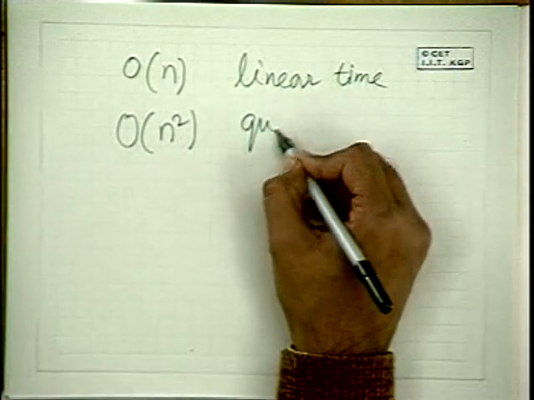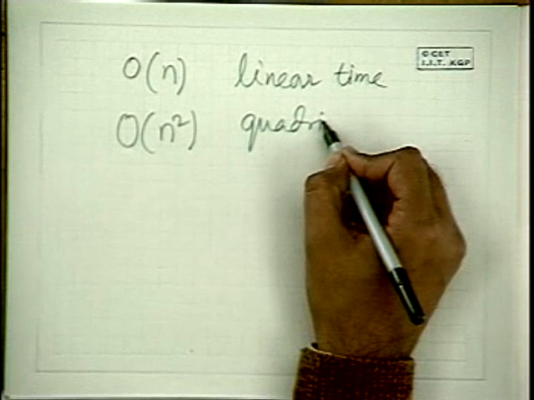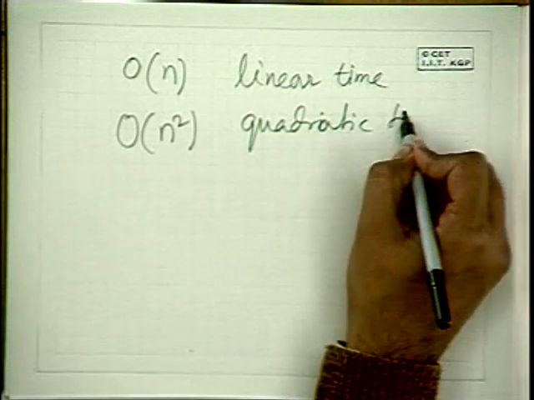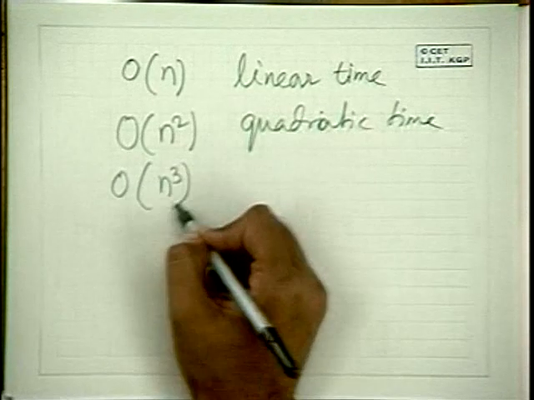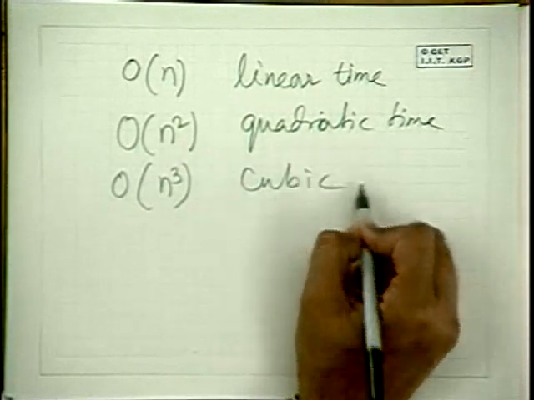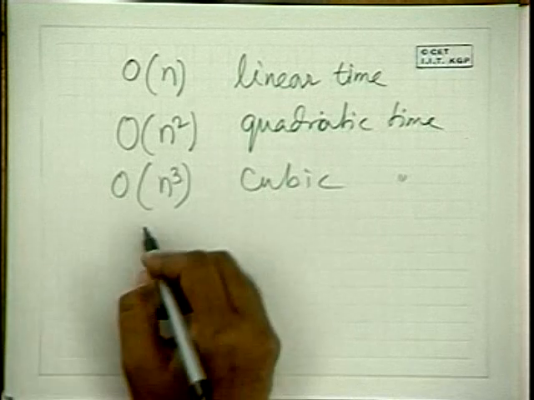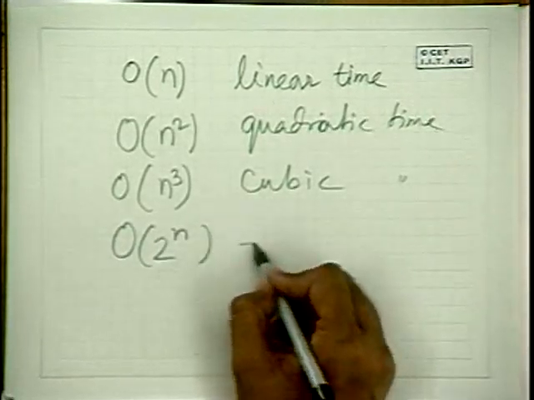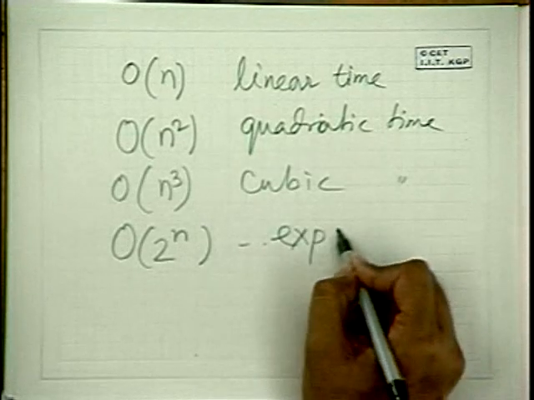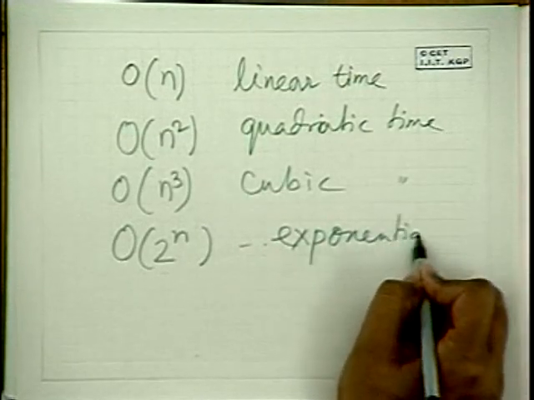This is quadratic time. Order of n cube, this is cubic. Order of 2 to the power n, or something to the power n, is called an exponential time algorithm.